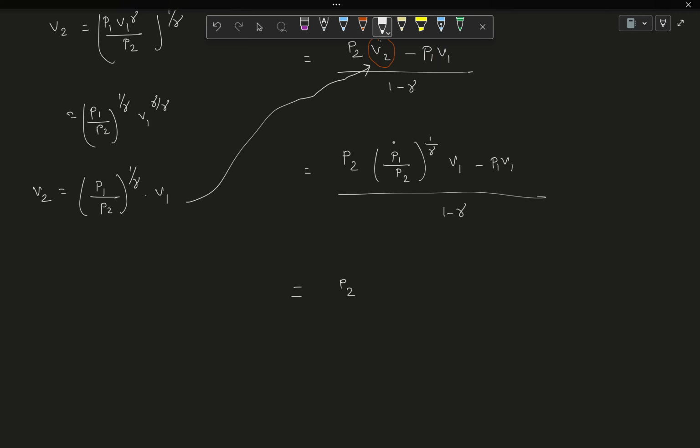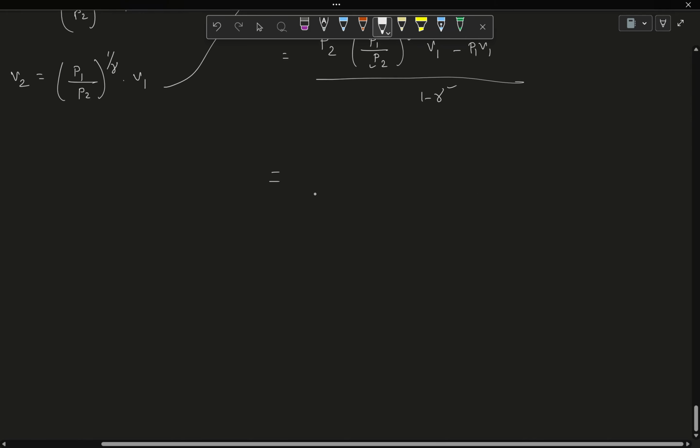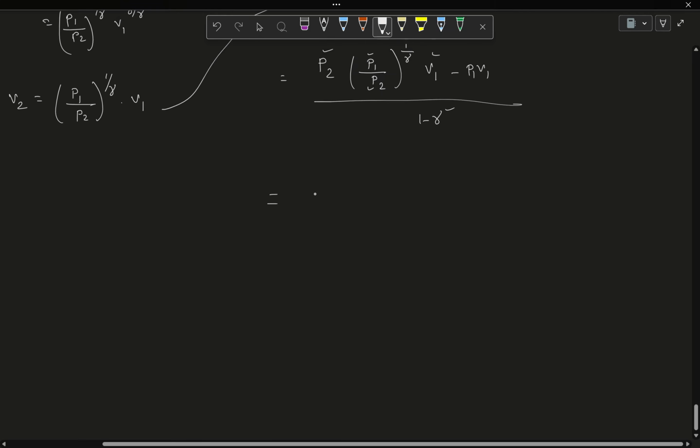Let us not rearrange terms anymore because that will make it even more complicated, but rather just look at the expression: now you have all the terms whose values you already know. You know P1, you know P2, you know V1, you know gamma. So everything is known. You can just substitute the values now and you will get the final answer. So you have successfully converted the unknown parameters into known parameters, and you can now calculate the work done.